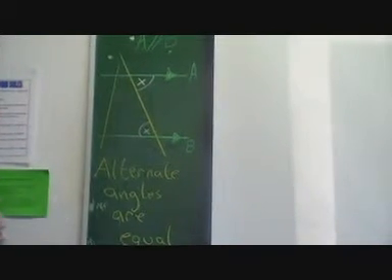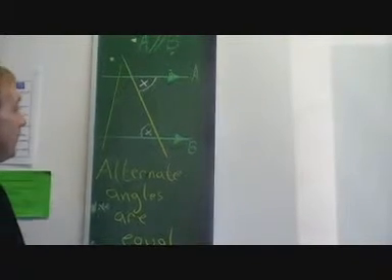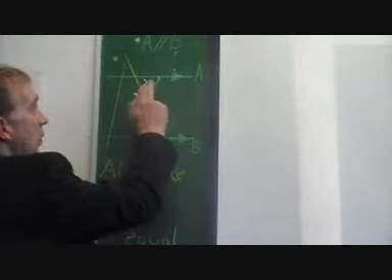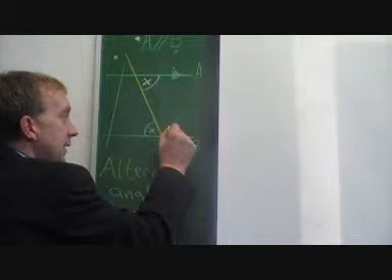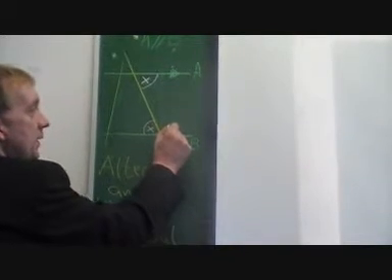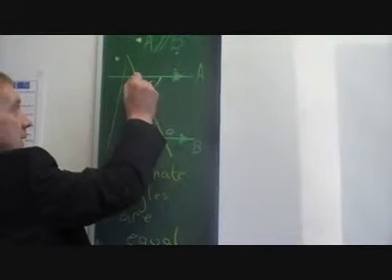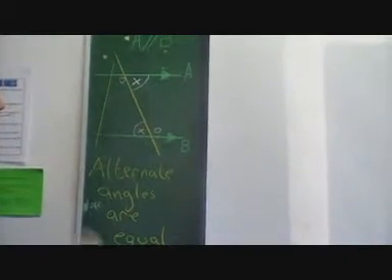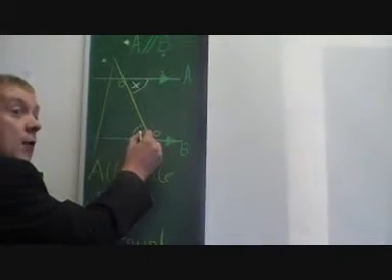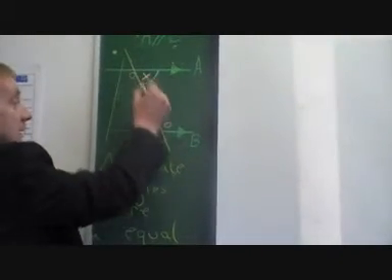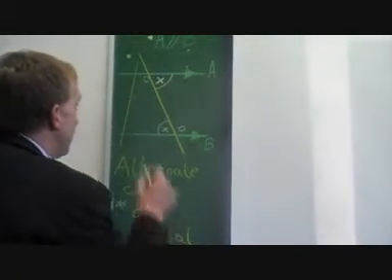So that is alternate to that angle there. Similarly, this angle is alternate. We go to the other side of the line, and that angle there is alternate to it. So we know that this angle and this angle are equal in measure. Similarly, that angle and that angle. Very, very simple as well.